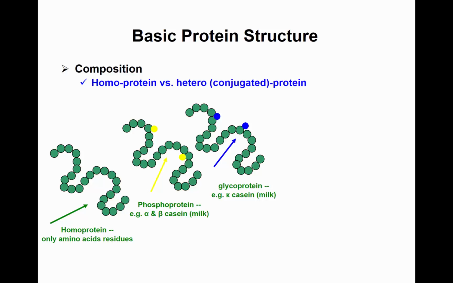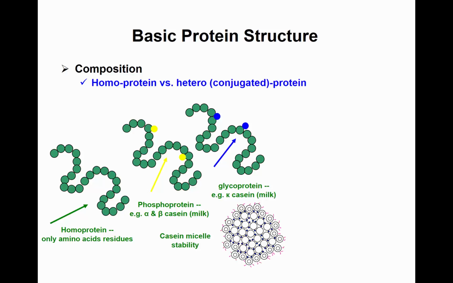You have glycoproteins, where you have glycosylated units. Both phosphorylation and glycosylation of the protein occur post-translationally in the cell. An example is kappa casein, a type of protein in milk. Also beta-conglycinin, a type of protein in soy, is a glycosylated protein.